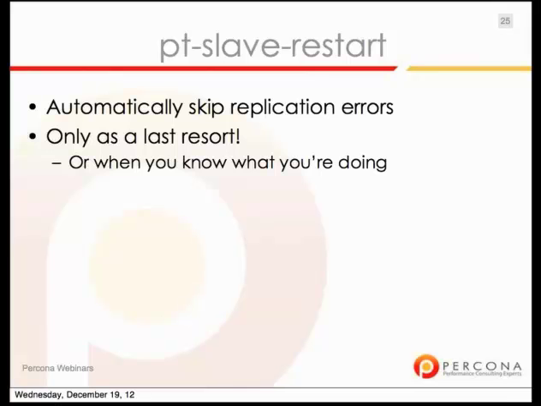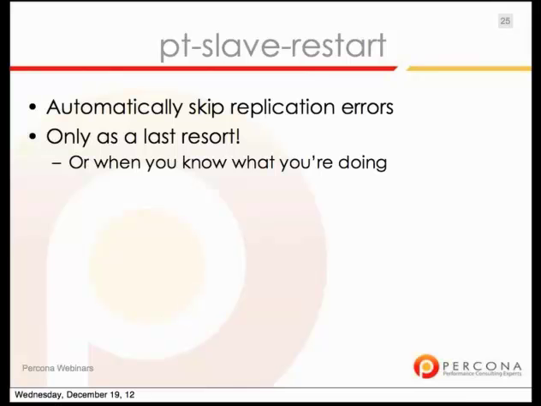And finally, for the replication tools, I would like to review pt-slave-restart. In case of, again, replication stopped for an error, this basically just skips replication errors. It does a few other things. For example, if replication was stopped because a relay log was corrupt, which is very common in MySQL, I believe 5.6 includes some better checks for that, some checksums for the binary logs and the relay logs.